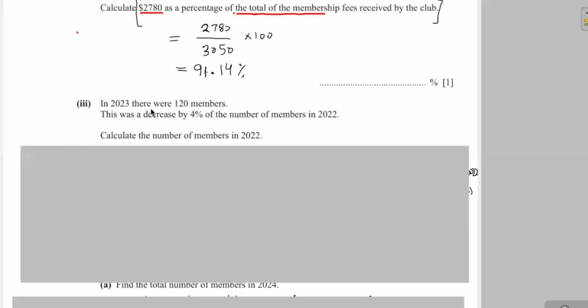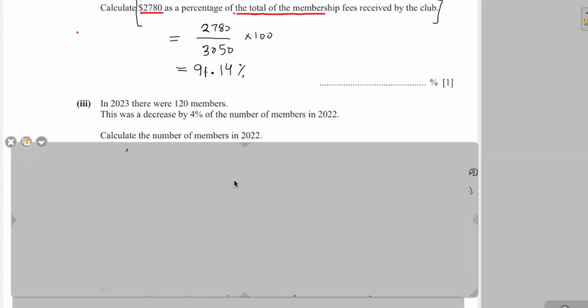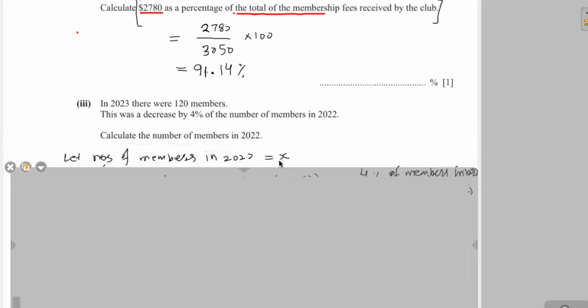Part third, in 2023, there were 120 members. There was a decrease of 4% in members from 2022. Calculate the number of members in 2022. We suppose that the number of members in 2022 is X. Therefore, we will write, let the number of members in 2022 equal X. The number of members in 2023 was 120, and this value is a 4% decrease of the members of 2022.